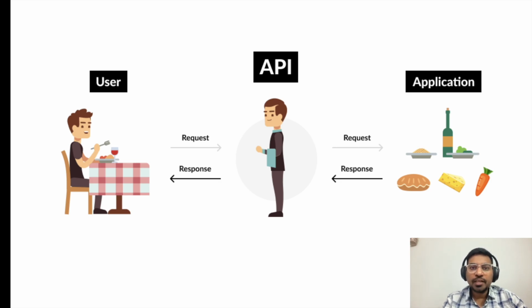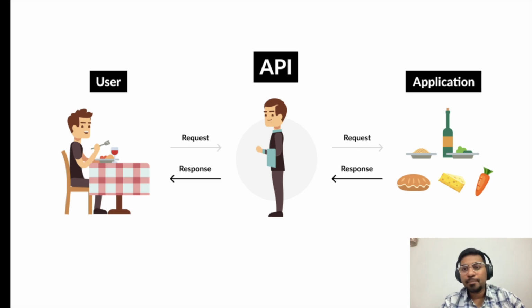By using the API, things actually work. So API is like a mediator between front end and back end, taking the request from the user and giving it to the database, and then taking the response from the server and giving it to the actual user.